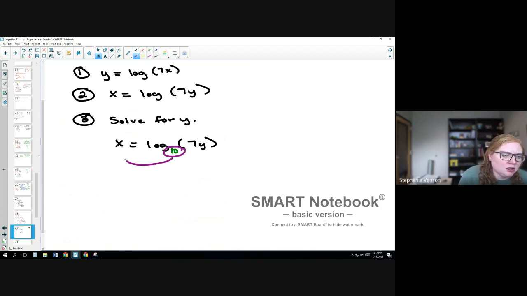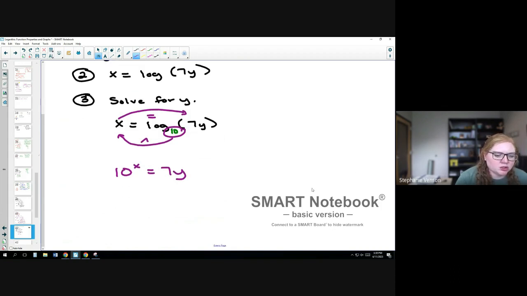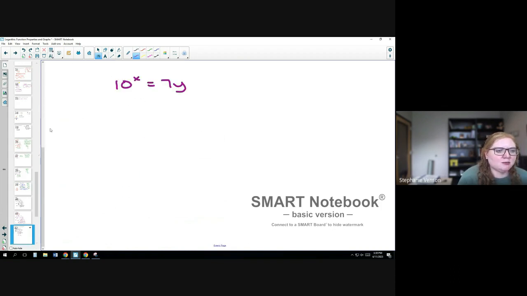So 10 raised to the x, we always start with the base. 10 raised to the x set equal to what's inside. So the equivalent form of this equation in exponential language would be 10 raised to the x is equal to 7y, which we know is the same thing as 7y equals 10 raised to the x.